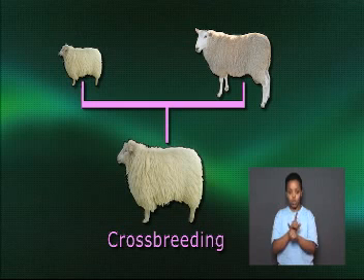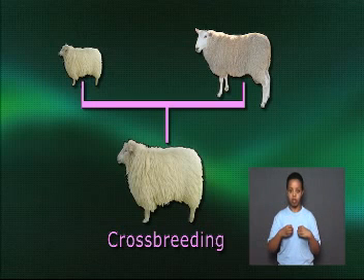Crossbreeding and inbreeding are both aspects of the same process of selective breeding, wherein organisms are chosen to breed toward a specific outcome. Crossbreeding is a well-established breeding method.